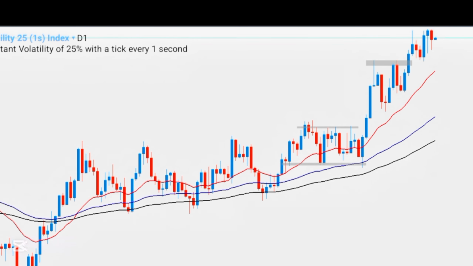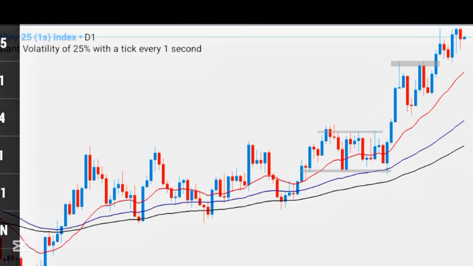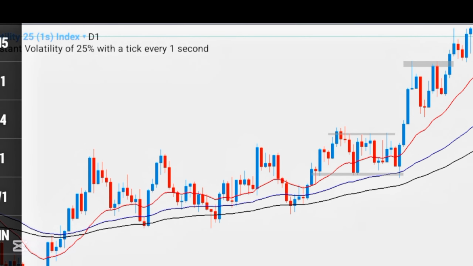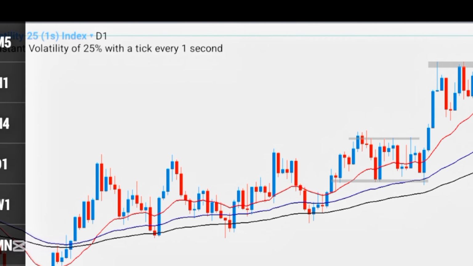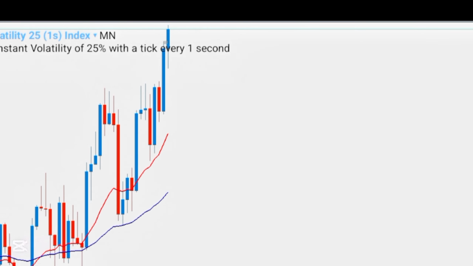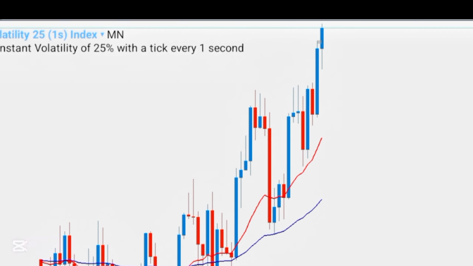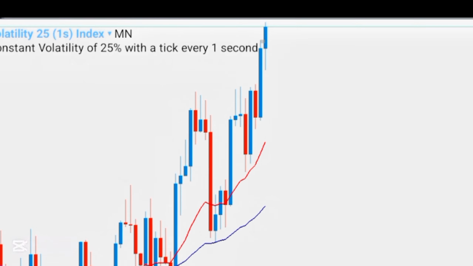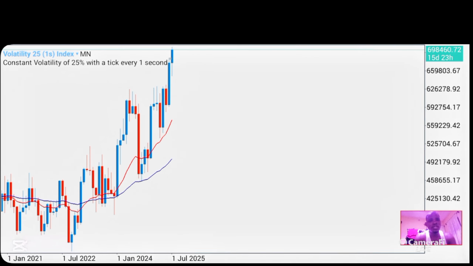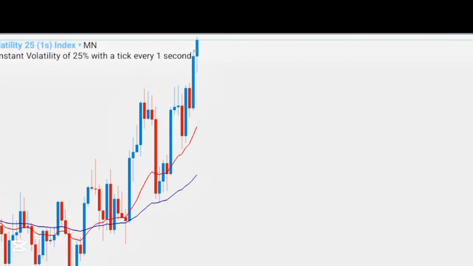Whenever you come to your charts, you open your charts and you first of all come to the weekly, or you can come to the monthly. As you can see, since last year till this month of July, the market is still rallying up.